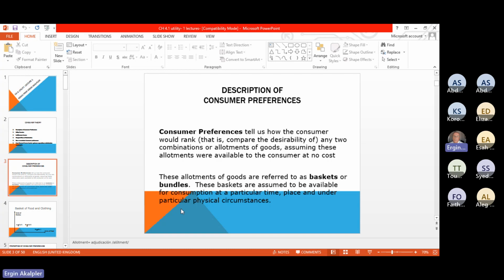These allotments of goods are referred to as baskets or bundles. These baskets are assumed to be available for consumption at a particular time, place, and under particular physical circumstances.